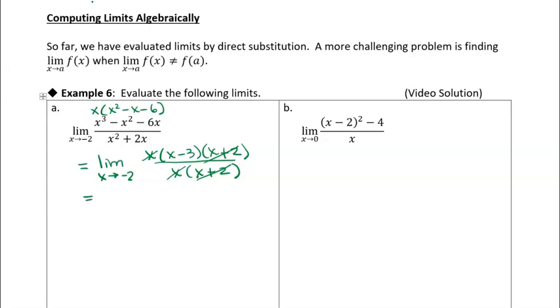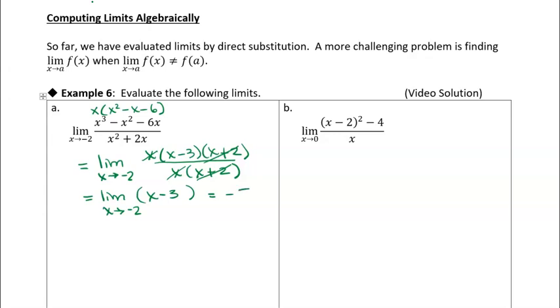So what do we have left? Near x equals -2, as long as we don't go to -2 directly, the function looks like x minus 3. It's just the limit as x approaches -2 of x minus 3. And now we can do direct substitution, and we get -5.